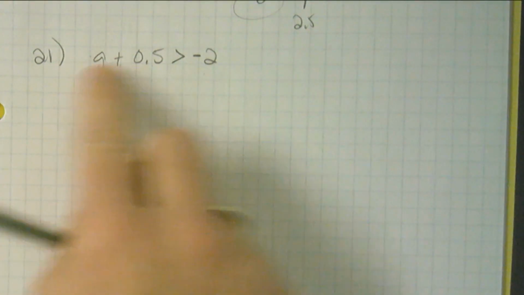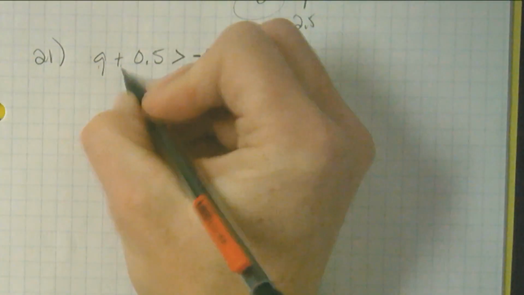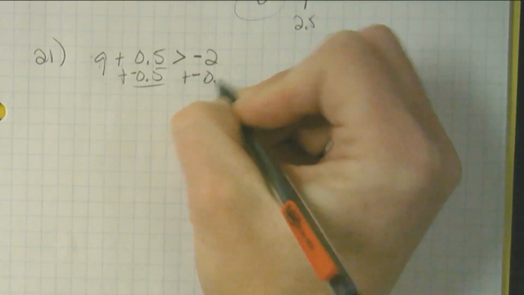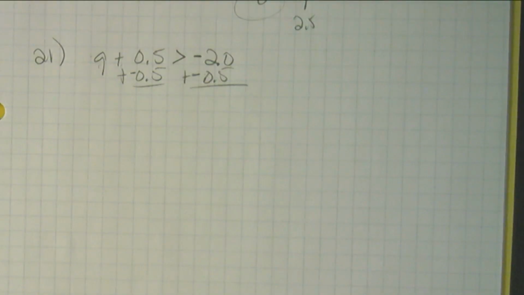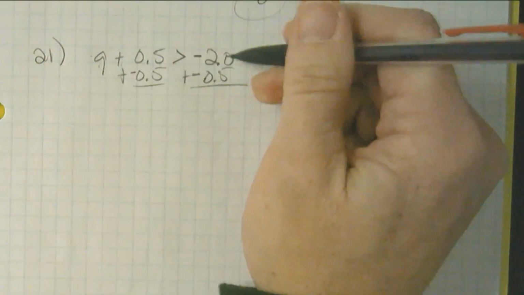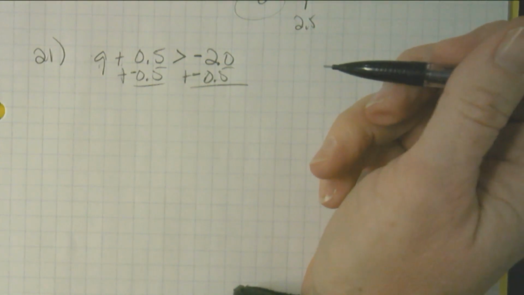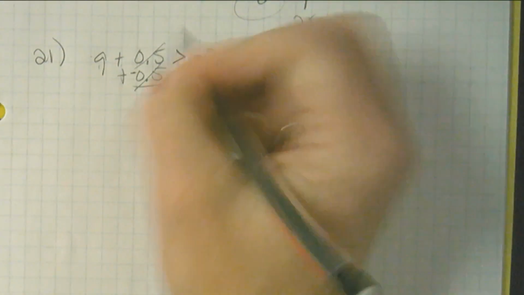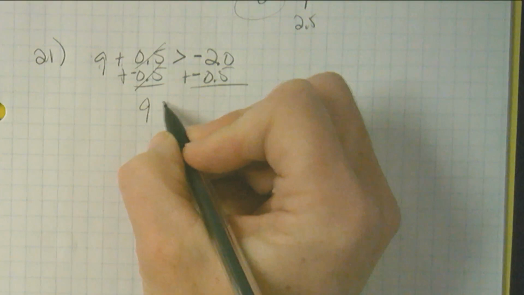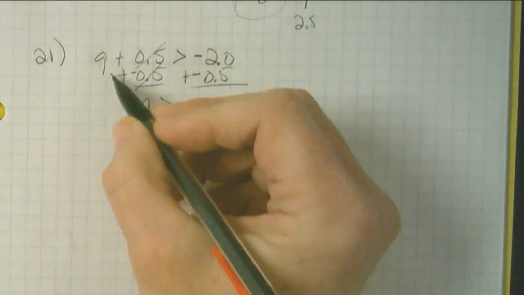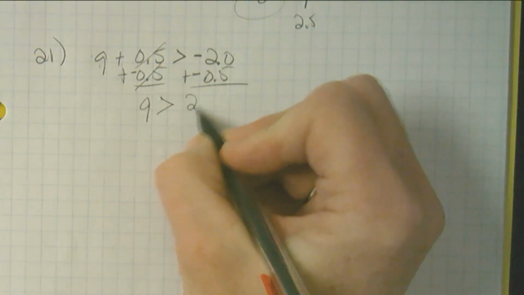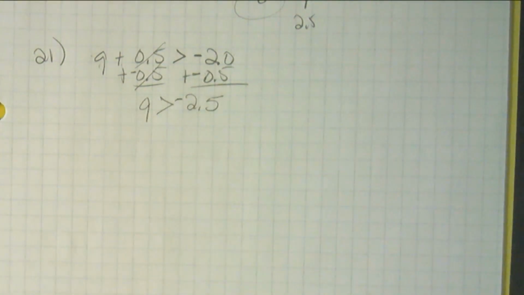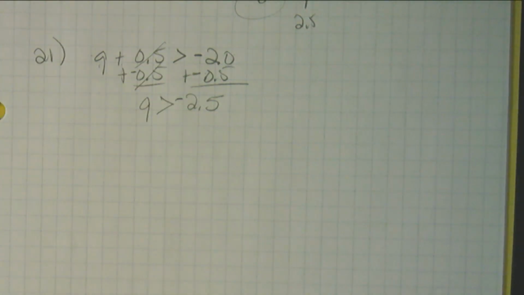To get rid of this addition of a positive 0.5, I'm going to add a negative 0.5 to it. Remember, when you're adding or subtracting decimals, you need to make sure that you line up your decimal points. So here my 0.5s cancel out, so I have Q is greater than, because I'm not multiplying or dividing by a negative number. Here I just need to add these two together because they are both negative, so Q is greater than a negative 2.5. Do you need me to graph it too?